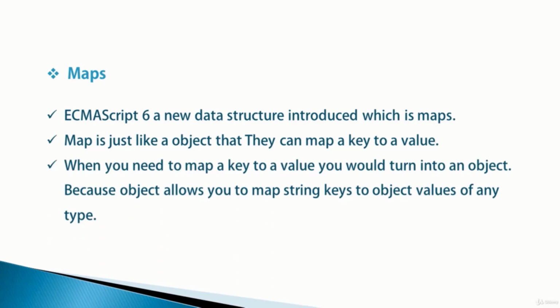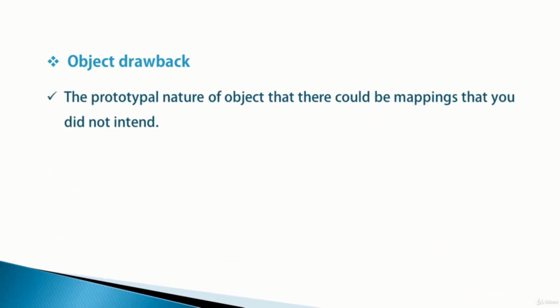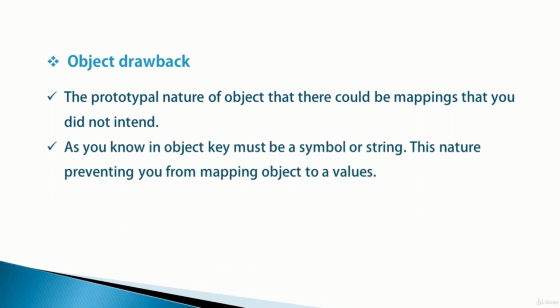When you need to map a key to a value, you would turn to an object, because an object allows you to map string keys to values of any type. Then why did JavaScript need to introduce a new data structure? If you want to map a key to a value, then the object has some drawbacks. Because of the prototypal nature of objects, there could be mappings that you didn't intend.